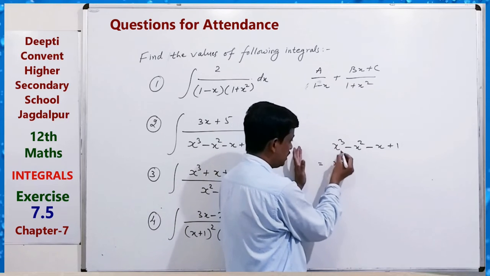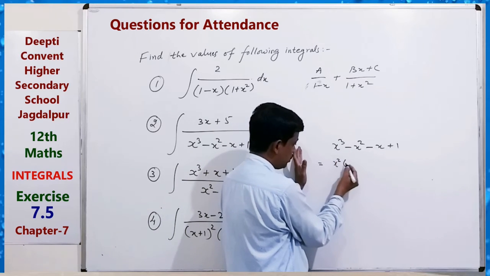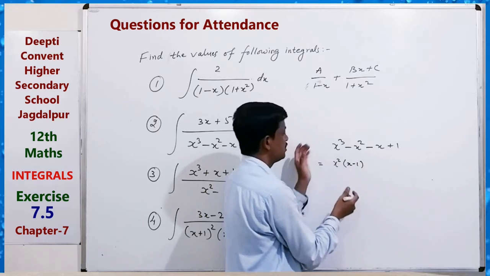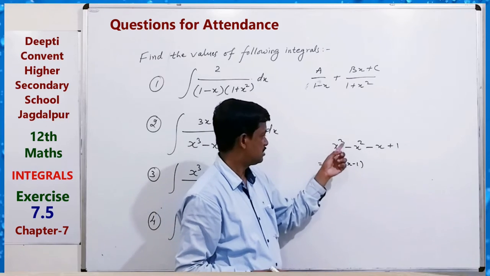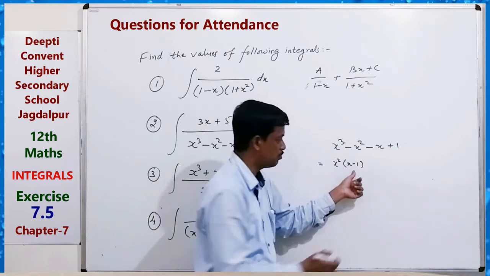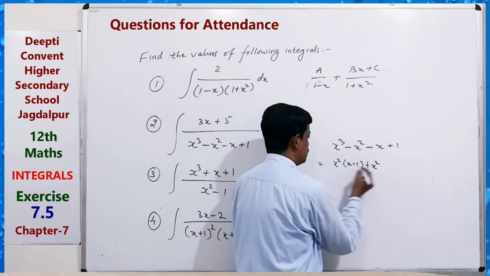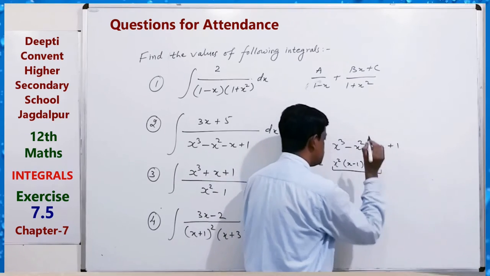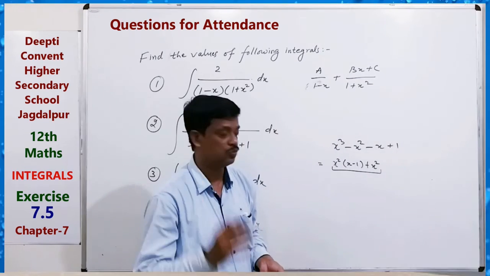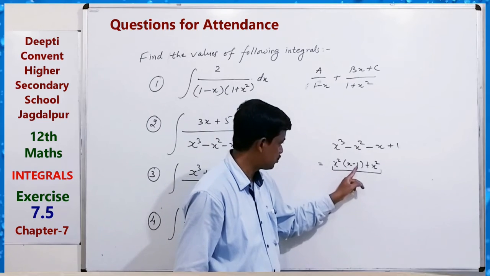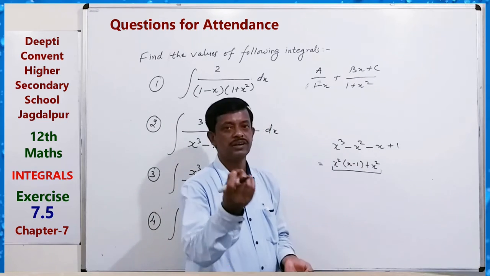So this can be written as x cube minus x square plus x square, adjusted so that ultimately you get x cube.